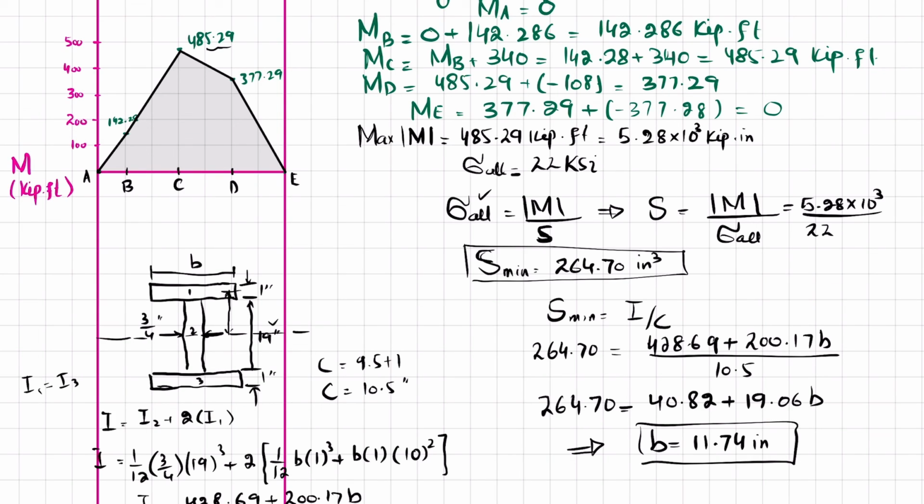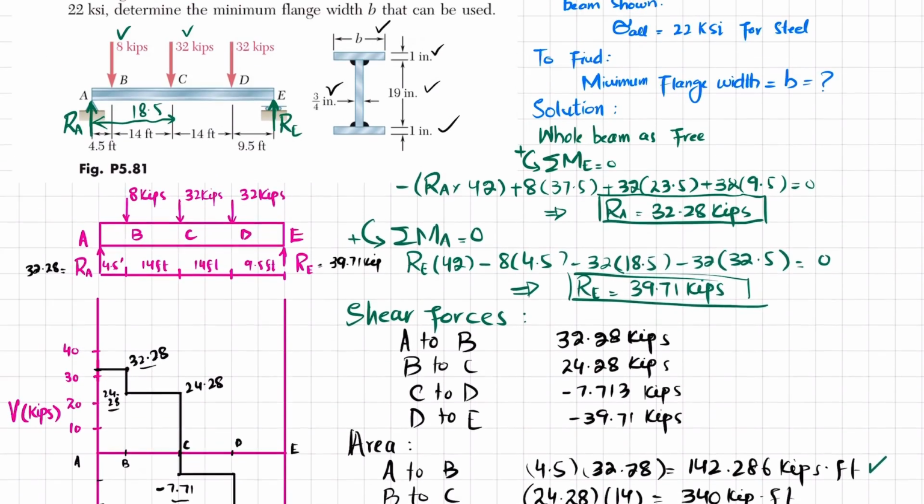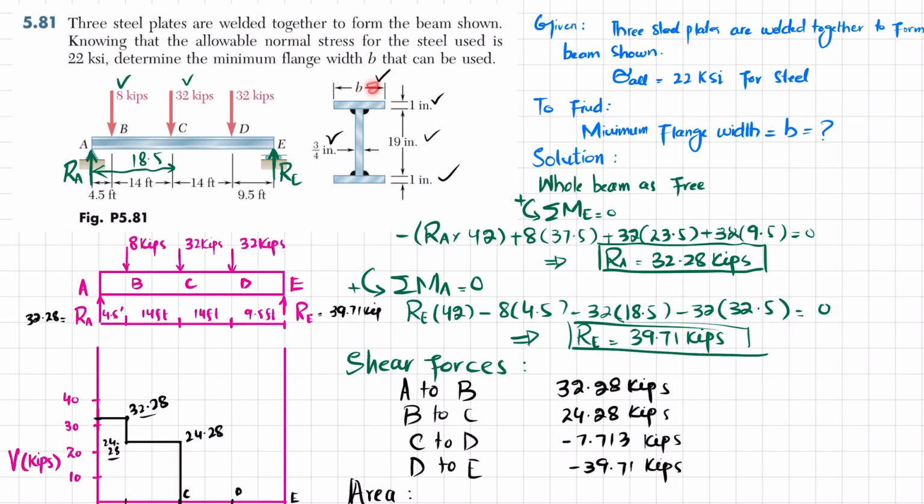So this is the breadth that can be selected. This B equal to 11.74 inch can be selected for the safe beam for the given loading.